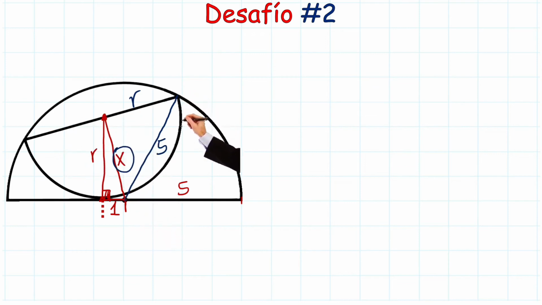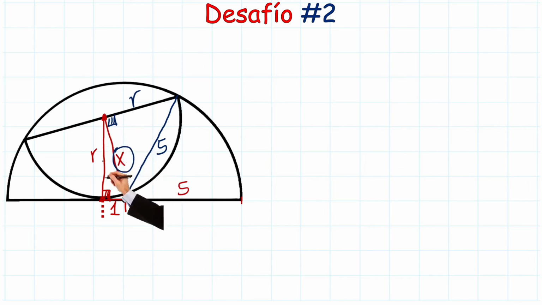If you don't pay attention to this part here and just focus on this line here, this line here is a chord that is within the large semicircle. And here is the center of the chord. So if we draw a line from the center of the semicircle to the center of the chord, there will always be 90 degrees here too. So we have 2 right triangles. And we have this common part in the 2 right triangles, which is very convenient.